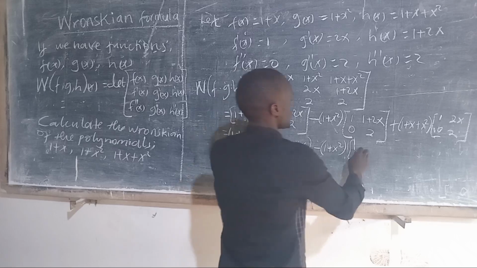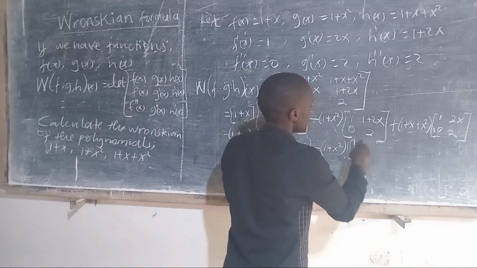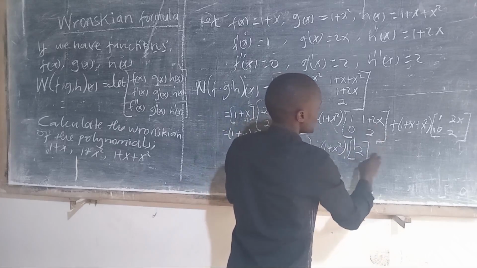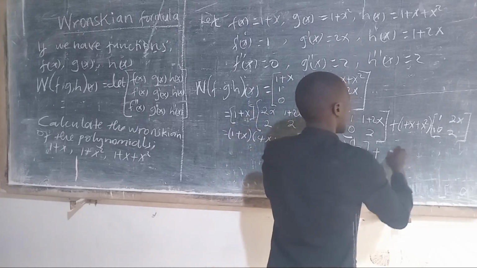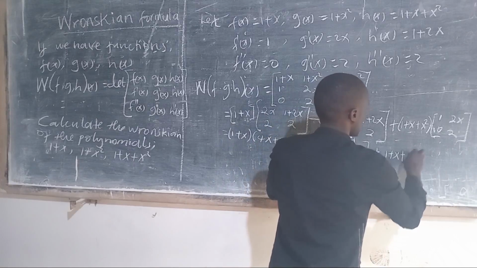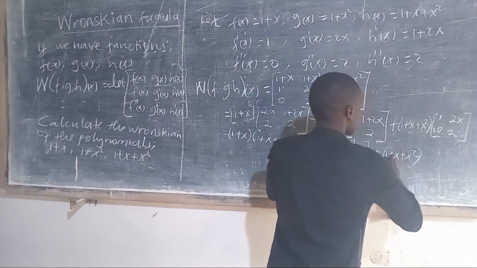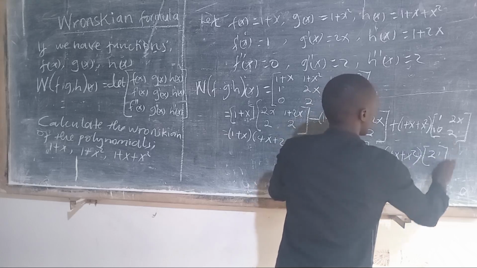into, since this is 2 times 1, 2, 0 times this is already 2, plus this is 1 plus x squared into 2.